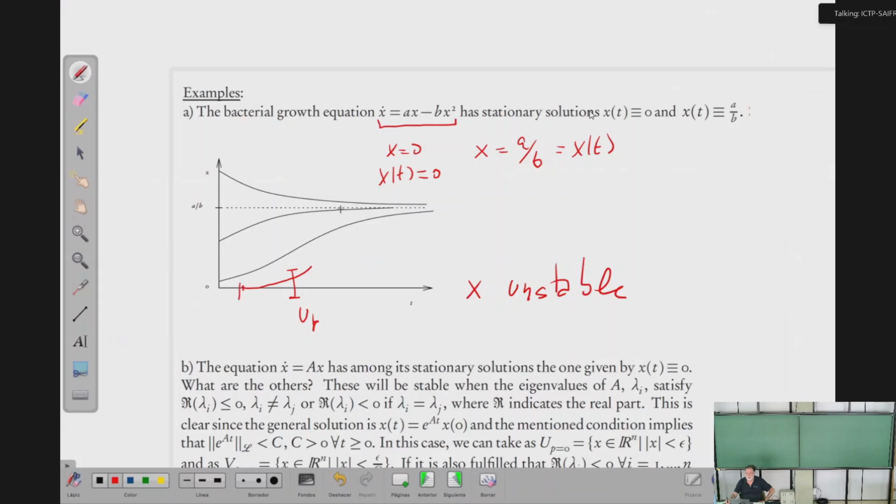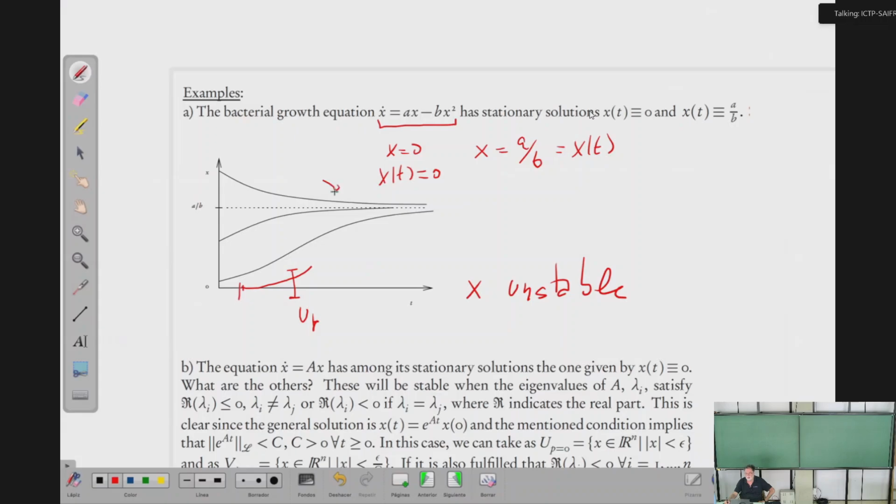Now this point is stable because when I'm at this point, this is 0, and so I have the solution here, but when x gets a bit bigger, this term wins over this one, and so this becomes negative, so it drives the solution in this way.